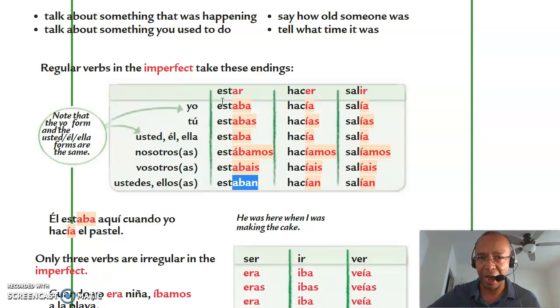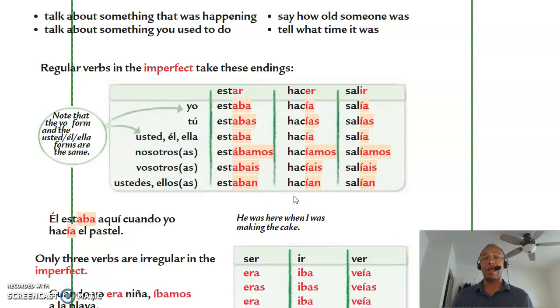Correct. Caminar. So you get rid of the AR and say, yo caminaba. Yo caminaba. Tú caminabas. Él caminaba. Ella caminaba. Usted caminaba. Nosotros caminábamos. Vosotros caminabais. Ustedes, ellos, and ellas caminaban.